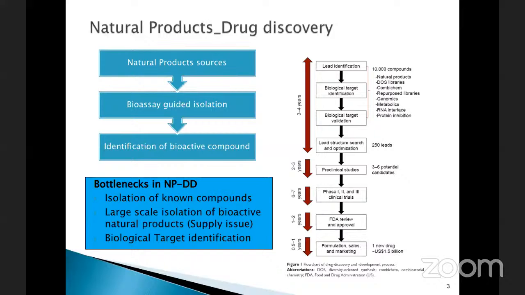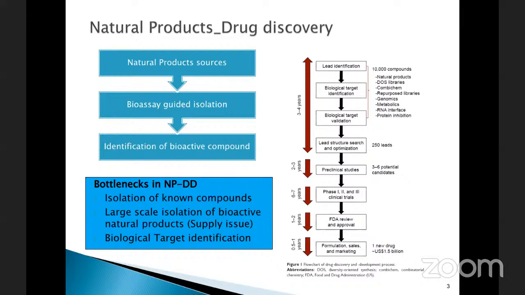Okay, so once the molecule clears all these stages, then the FDA evaluates everything. They recommend a few trials, a few suggestions, a few changes, and then they approve the particular drug.